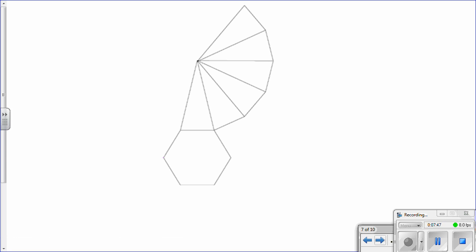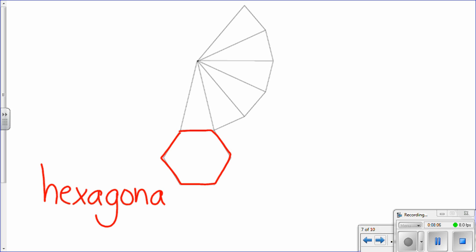Okay, this next one. Is it going to fold to a point? No. Yes. And this would be the base of it. What shape is that? Hexagonal pyramid.